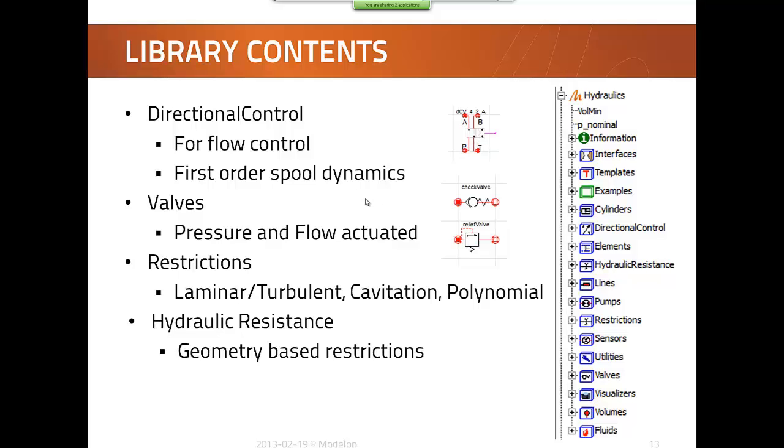There are other valves which are pressure and flow actuated. Restrictors, laminar, turbulent. It can contain cavitation. It can have polynomial description, and so on. There's also the new hydraulic resistance models, which are geometry-based restrictions.